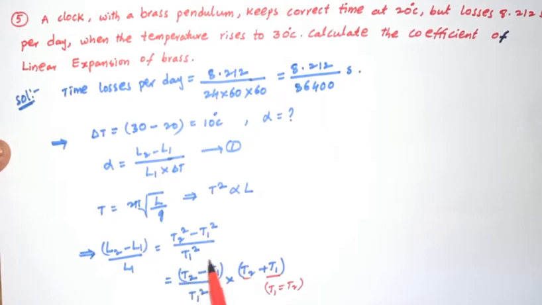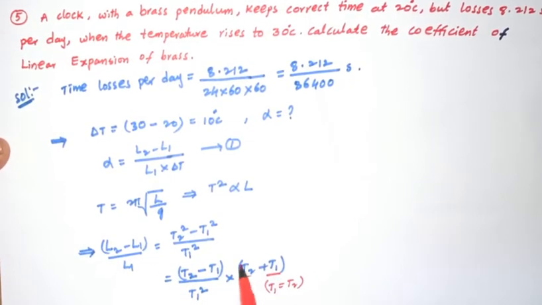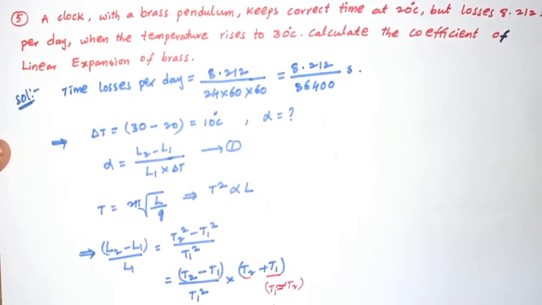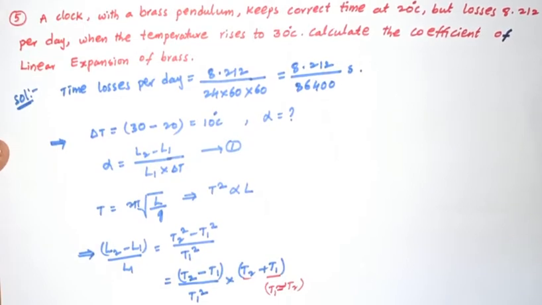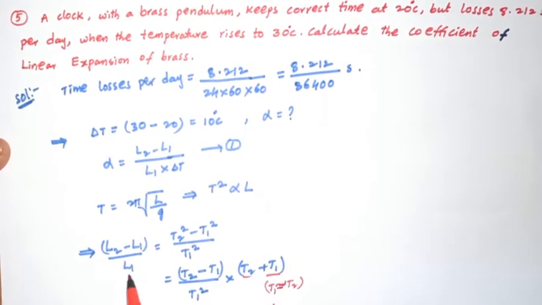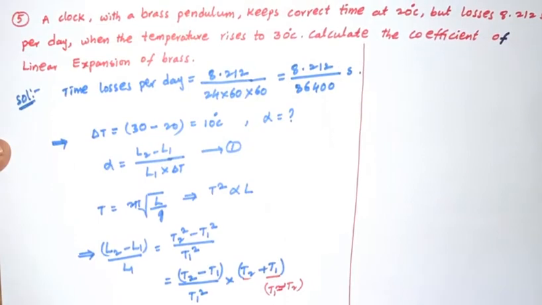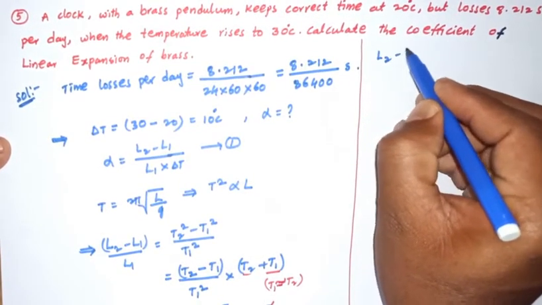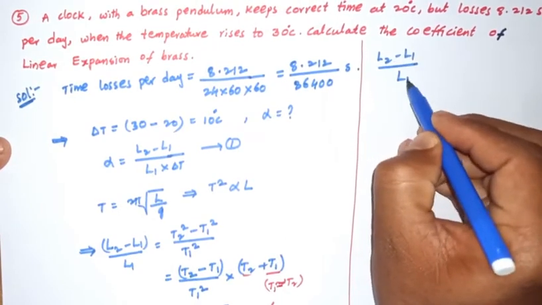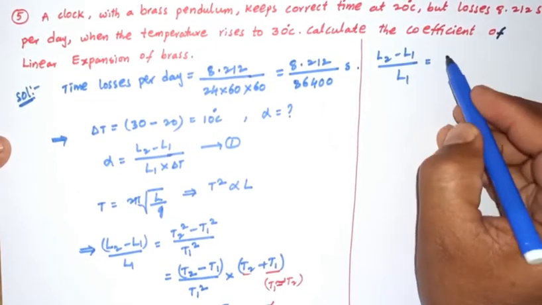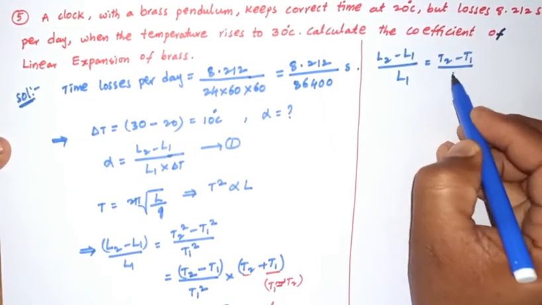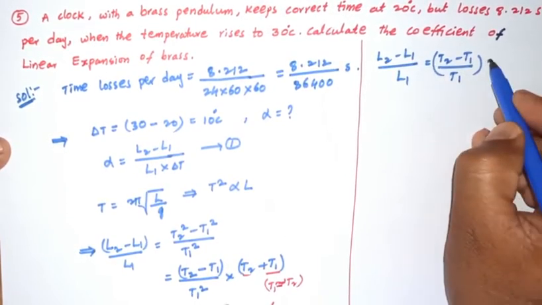We have taken the difference, so it is approximately equal, and then T1 gets cancelled here. So (L2 minus L1) by L1 equals (T2 minus T1) by T1 into 2.